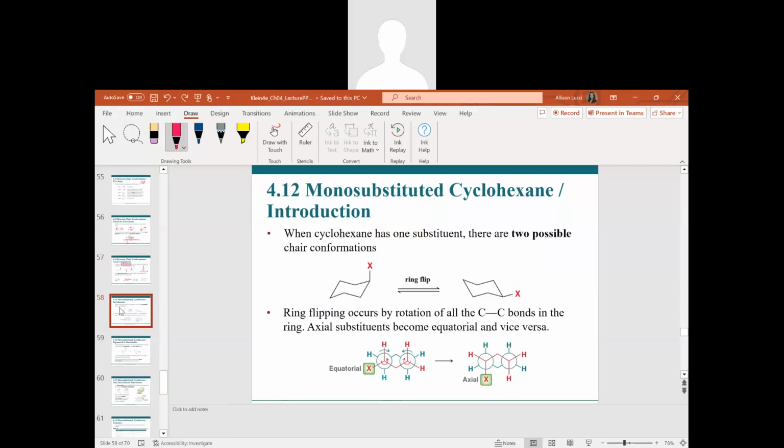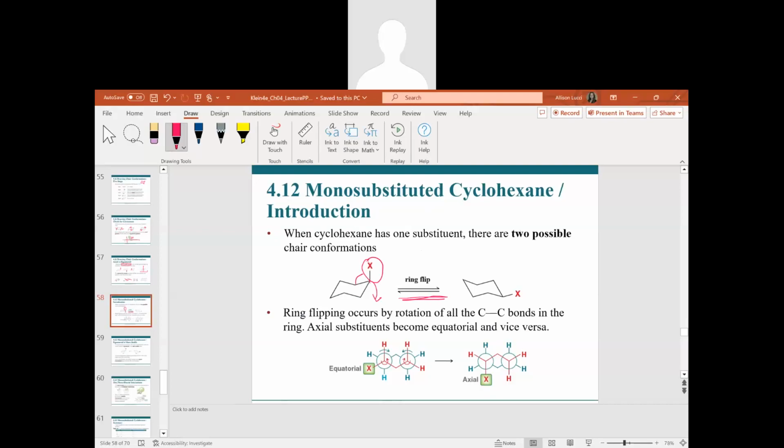This brings us to monosubstituted cyclohexanes, and we'll continue with this section because we just introduced our chair conformation, and if we place a substituent on an axial position, we can see that there's actually this process of ring flip that can occur where our axial position, this carbon here, flips downward.